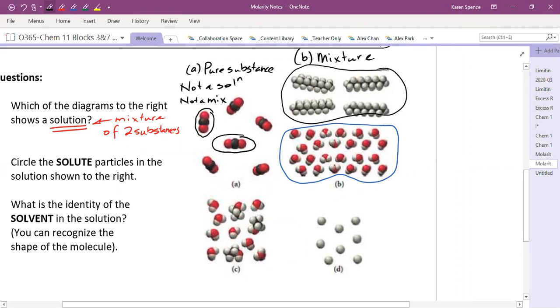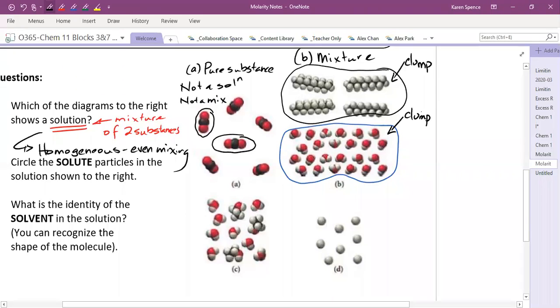But the second thing we need to know about a solution is that it is homogeneous. And remember, if something is homogeneous, there is even mixing. There's no clumps. Here, we have a clump of the sort of longish molecules. And here, we have a clump of the sort of Mickey Mouse looking molecules.